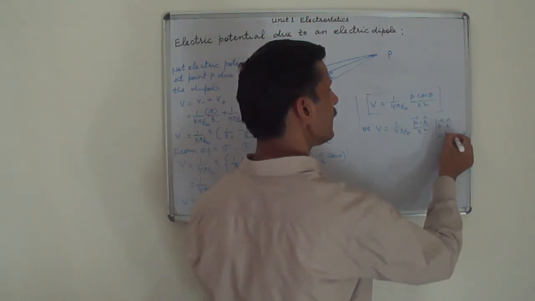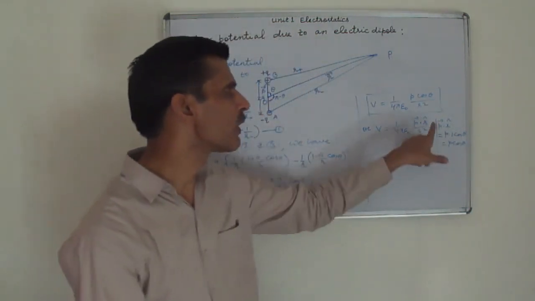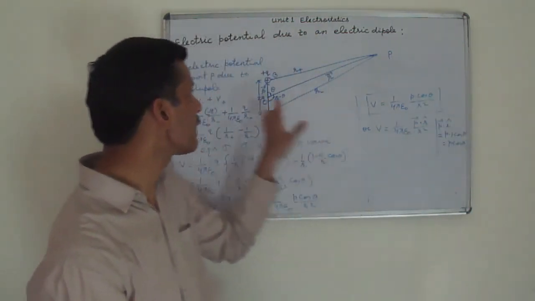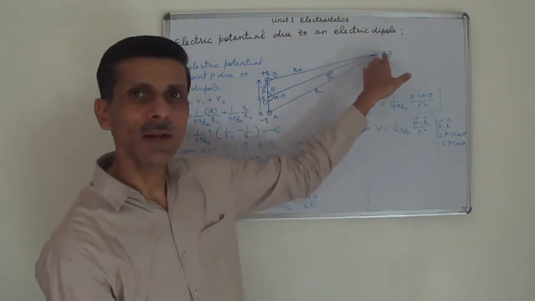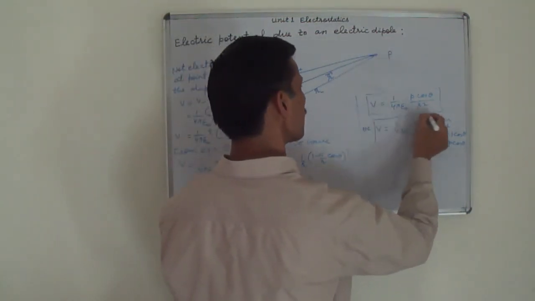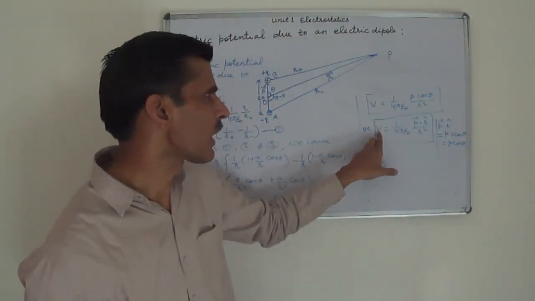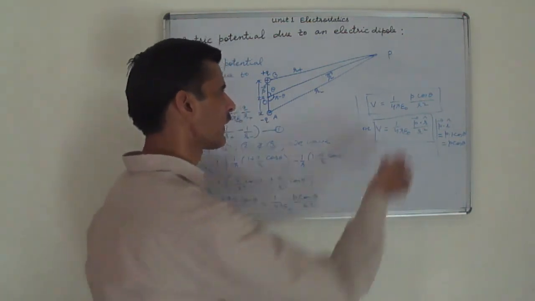So this is p cos theta. So p cos theta is equal to p vector dot r cap. r cap is the unit vector in the direction of vector r. So you can write V is equal to this relation. And here you can see the dot product, so potential is a scalar quantity.